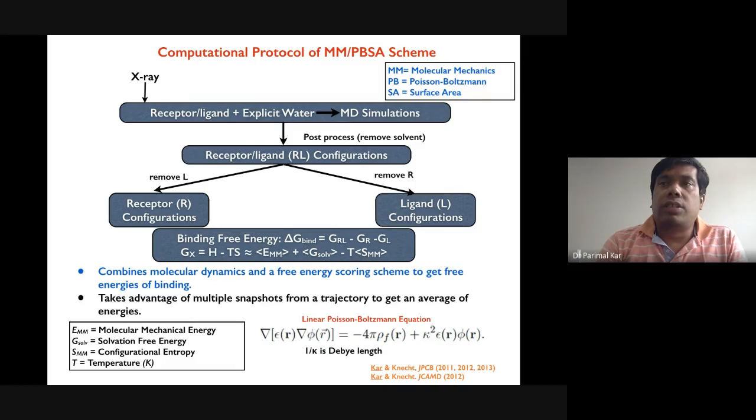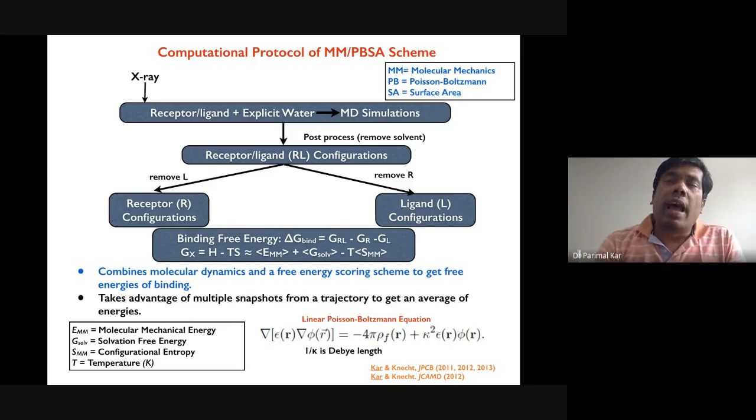Now, for each reactant, the free energy is H minus TS, where H is the enthalpy, T is the absolute temperature, and S is the entropy. Okay. In molecular mechanics, H, that is the enthalpy, is the sum of molecular mechanical energy and solvation energy, and then T times the configurational entropy.